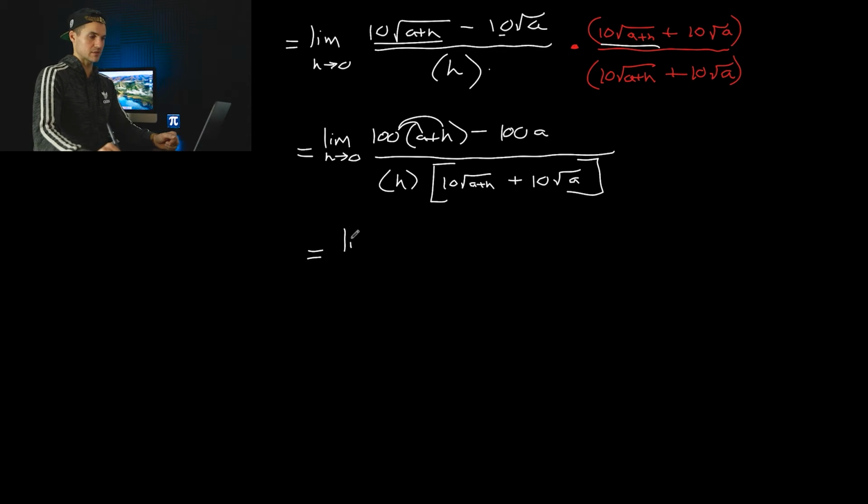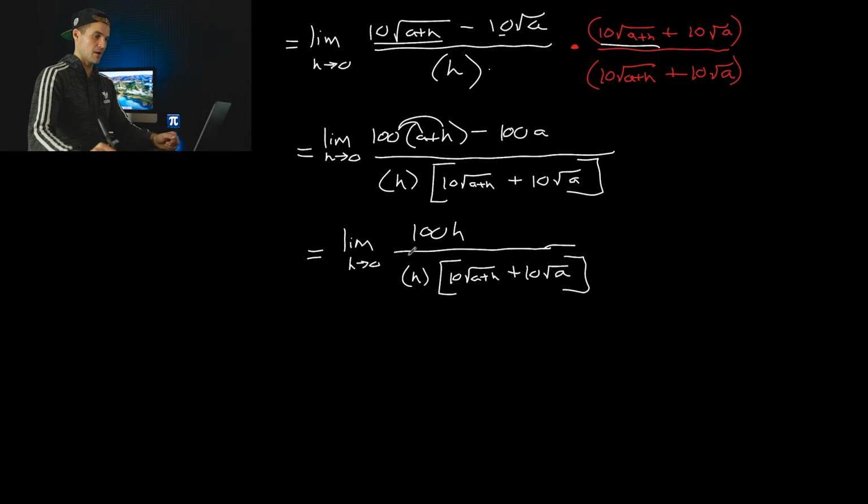And we'll end up with the limit as h approaches 0 of 100 h all over h, and then 10 root a plus h plus 10 root a. Here, the h's will cancel out, and now we could finally plug in that h value of 0.